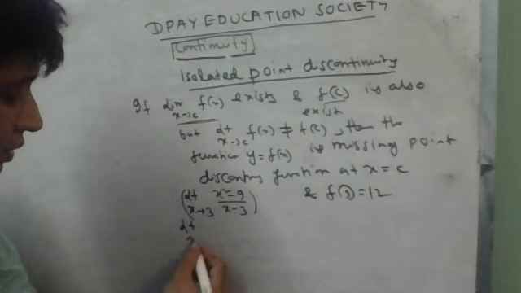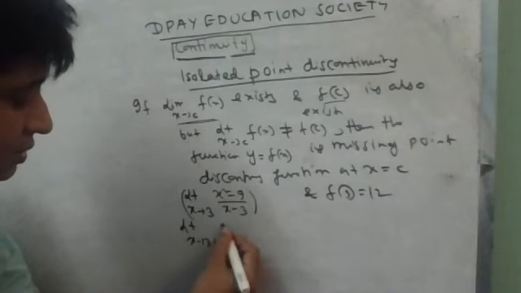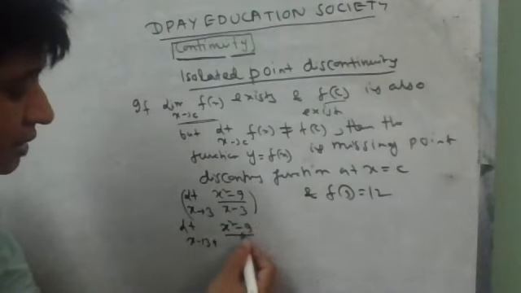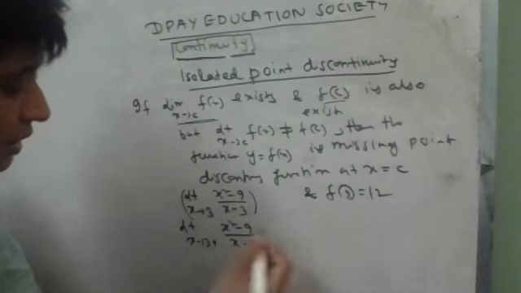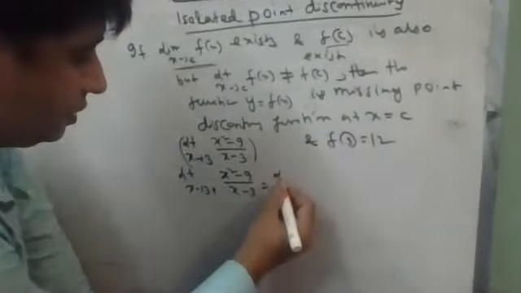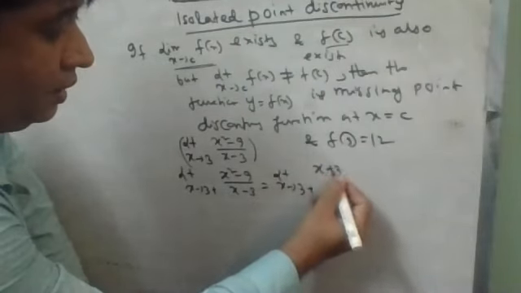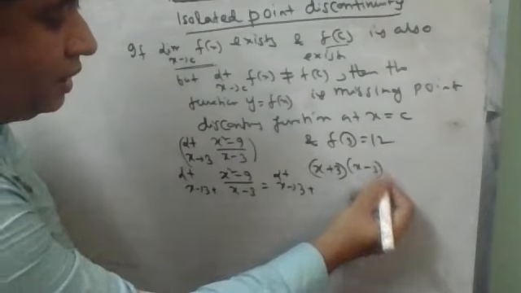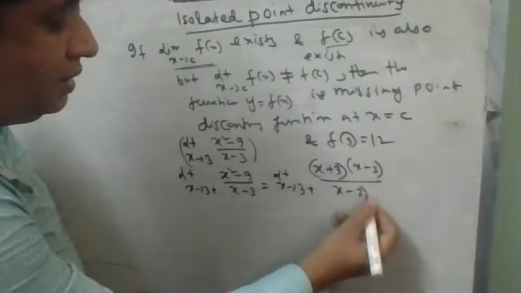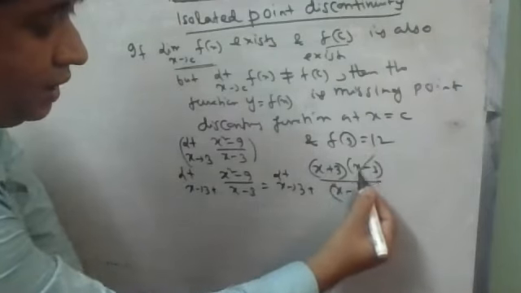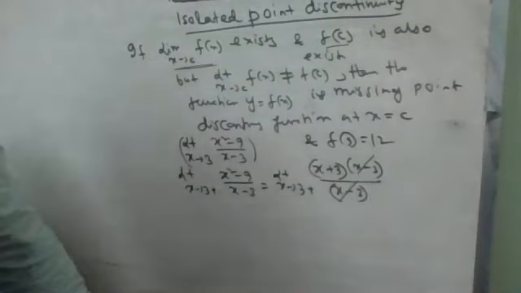See, limit x tends to 3 plus, (x square minus 9) by (x minus 3). That is, limit x tends to 3 plus, (x plus 3)(x minus 3) by (x minus 3). That part will be dropped.